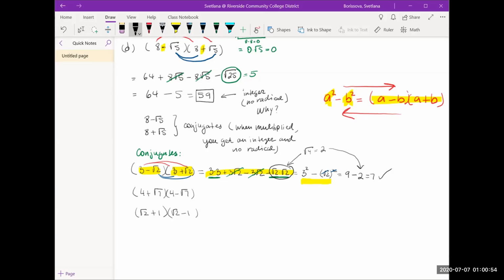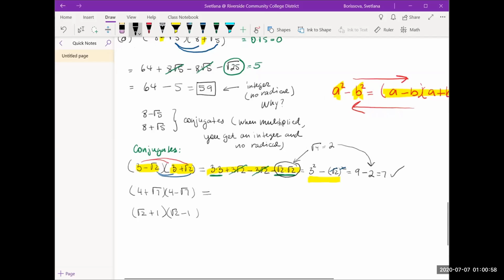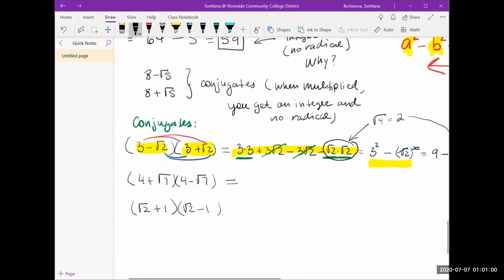So for the second example, we know we're multiplying conjugates, right? So the shortcut will be to take the first term, which is 4, and square it. And then put minus, this is always minus.